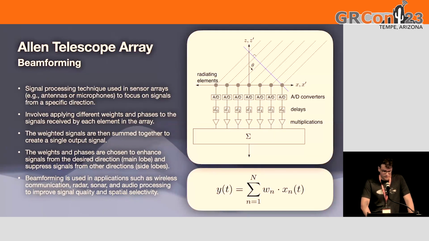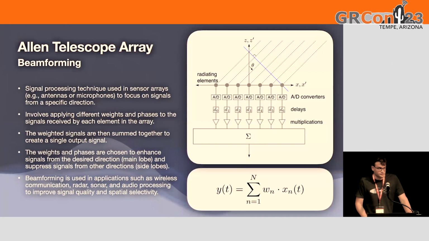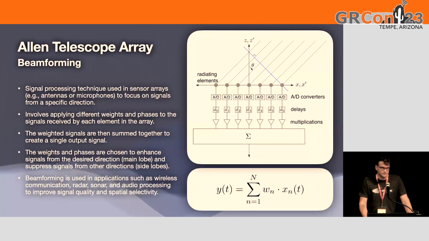So we are at a radio conference. I believe most of you know how a beamformer works, but a quick introduction. If you have lots of elements distributed in an area, and you have a point source in the sky, the signal will arrive at each antenna at different times. So you need to account for that if you are summing up all the signals for all the antennas.